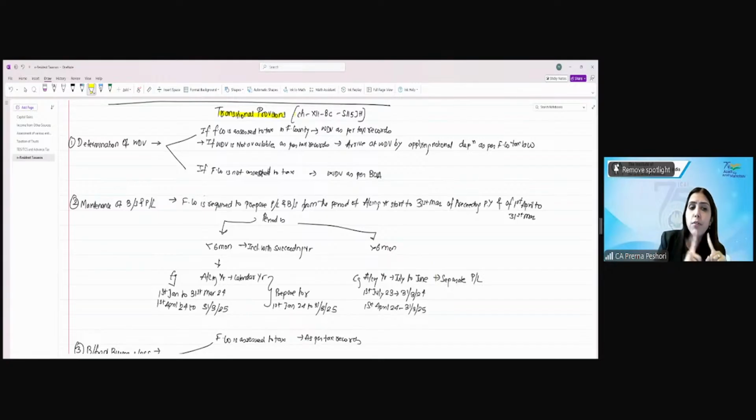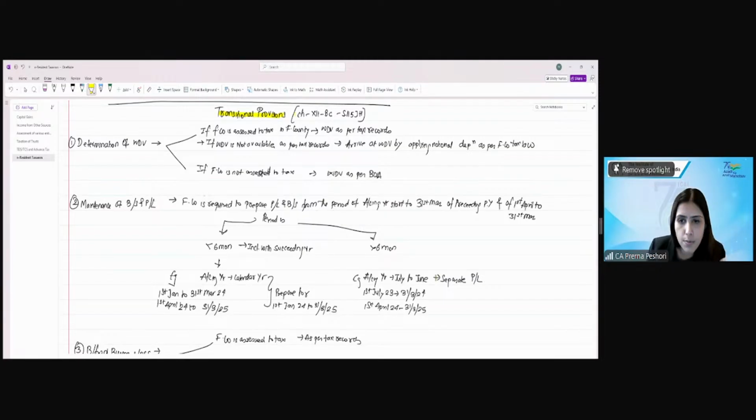You will prepare from 1st January 2024 to 31st March 2024 and then from 1st April 2024 to 31st March 2025. Now, since the period between your accounting year start and 31st March 2024 is less than 6 months, we will make a combined balance sheet and P&L of the two periods, from 1st January 2024 to 31st March 2025. Because we can't prepare a balance sheet and P&L for only 3 months, right?